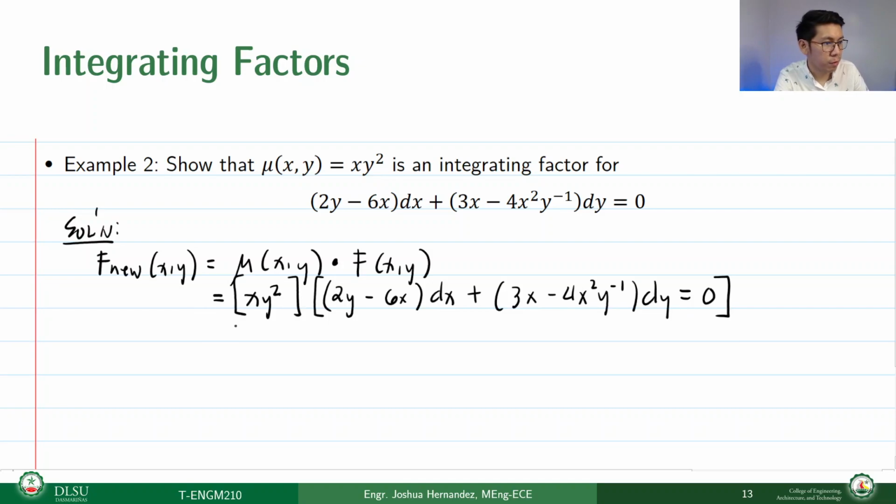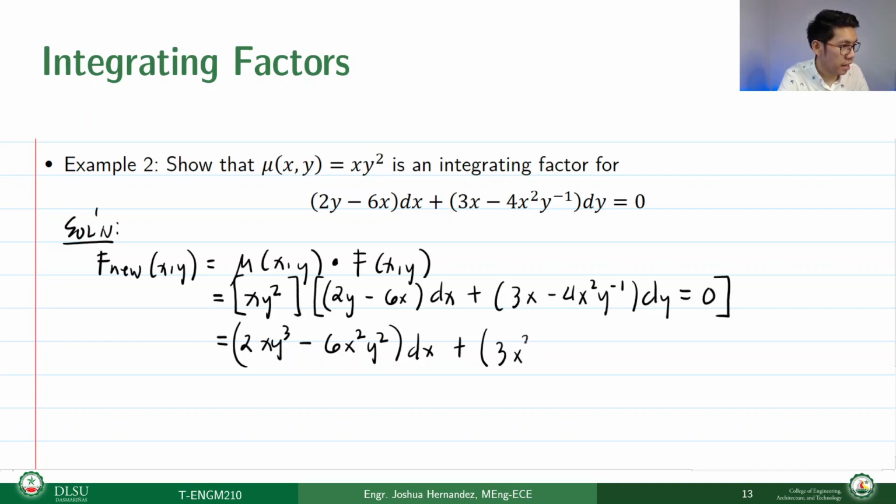Yan. So, multiplying and distributing, we're gonna get (2x y cubed minus 6x squared y squared) dx plus (3x squared y squared minus 4x cubed y) dy equals 0.